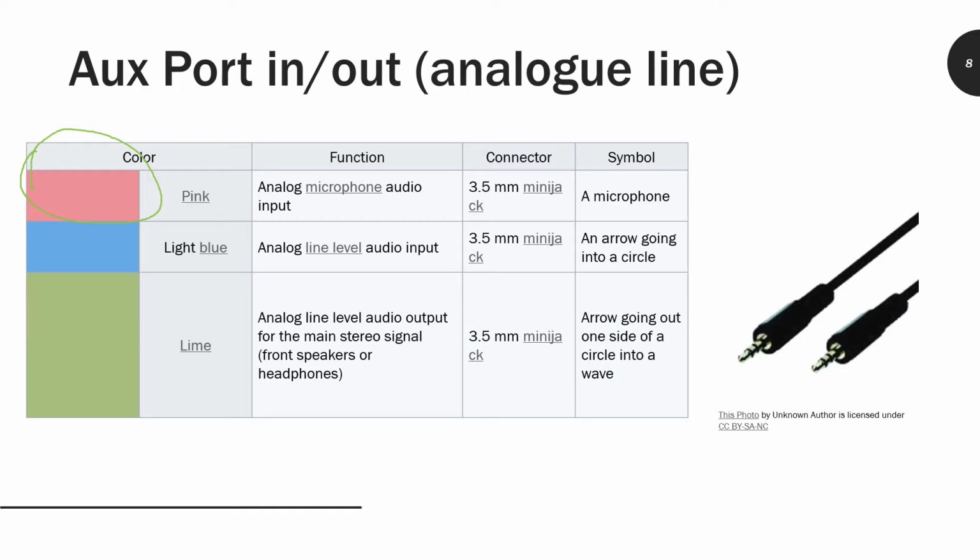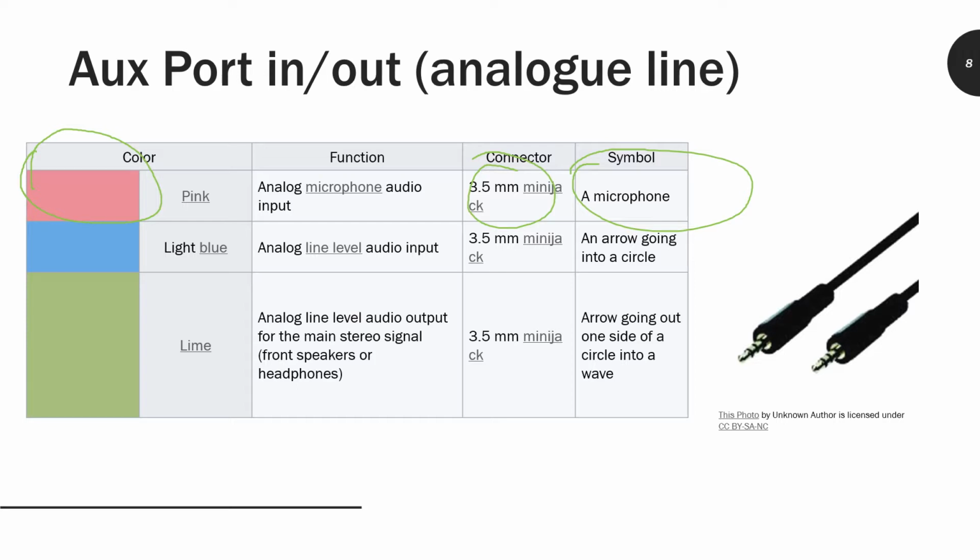So if you have a port in the front, you're going to notice that it might be pink probably, or will have a microphone symbol. It's pretty self-explanatory. There's not much I can go over, but it is using the standard 3.5 millimeter. So that's pretty much any headphone jack. If you're a non-Apple person, you're going to have those old school, universal 3.5 millimeter jacks. So that's pretty much what it uses. But instead of connecting to headphones, it connects to a microphone.